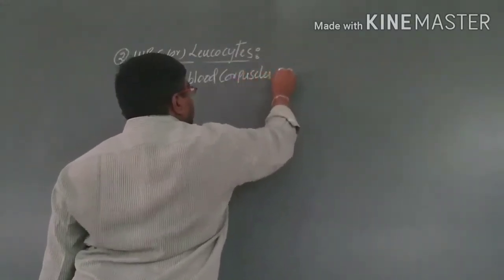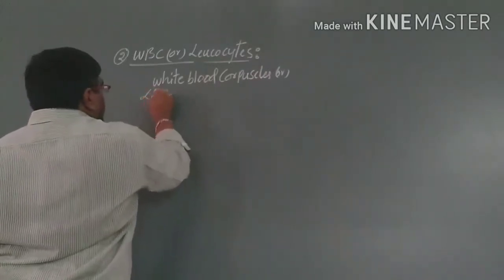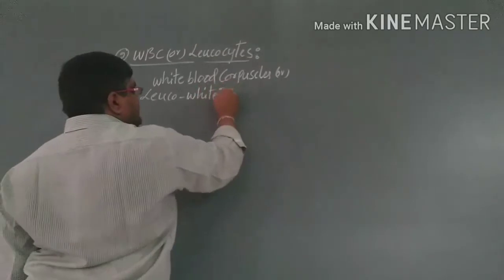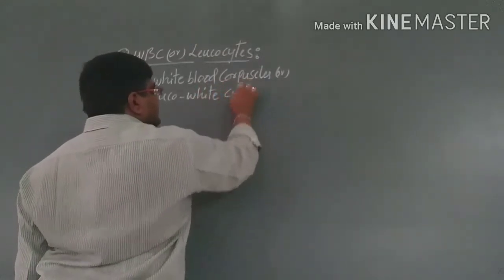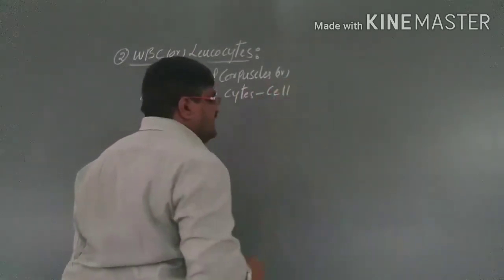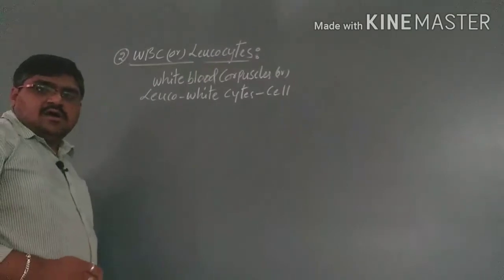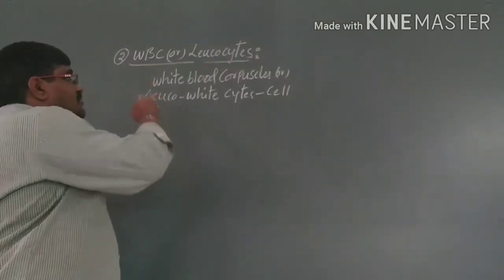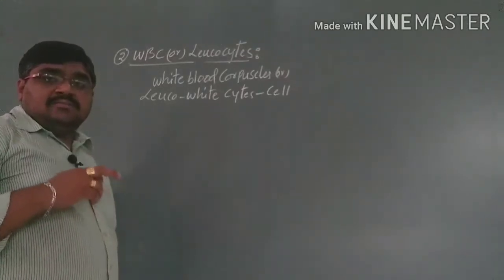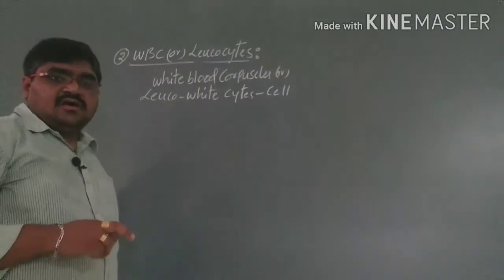Leuco means white, cytes means cells. So the cells which are white in color are called leukocytes, or white blood corpuscles, because they are white in color.